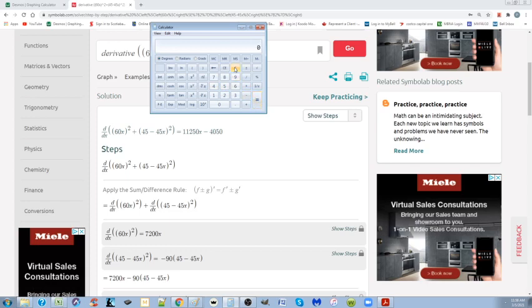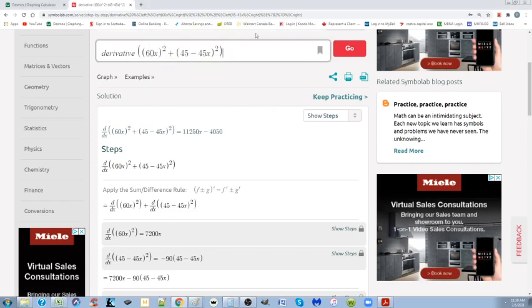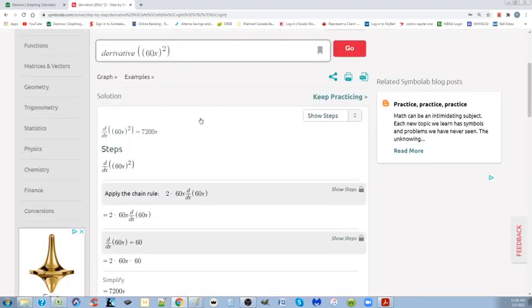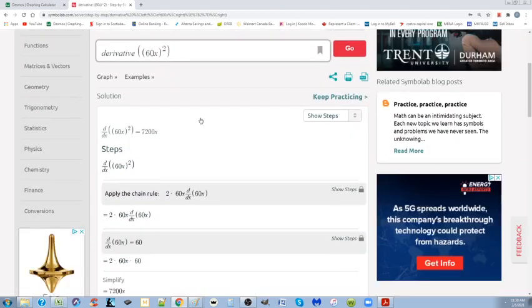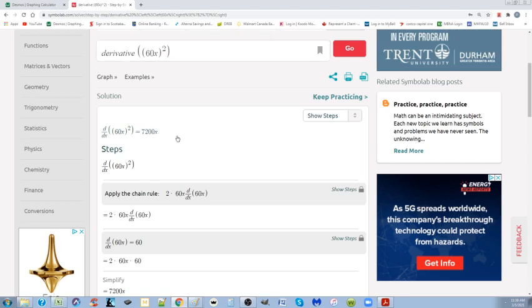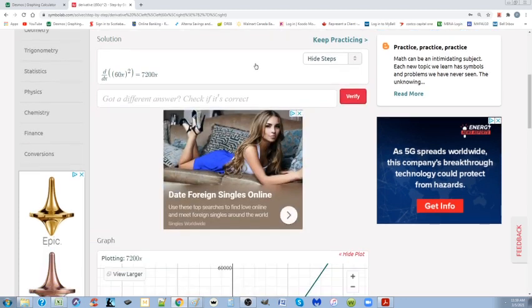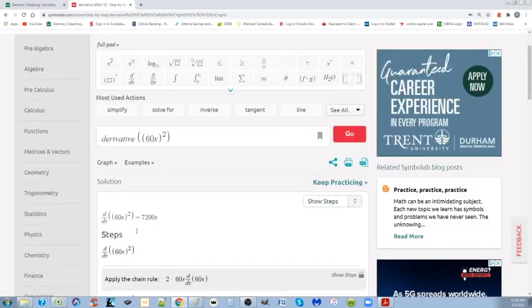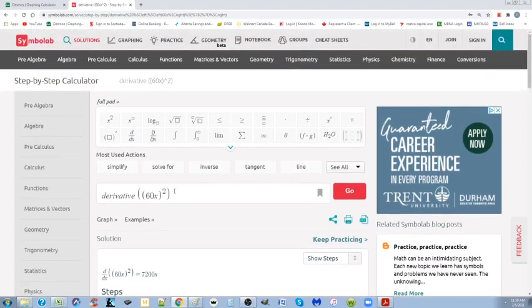I'm doing the second one totally right. How can I screw that one up? Yeah. Oh, so I'm not screwing it up. Okay. Then I'm screwing up the second part.